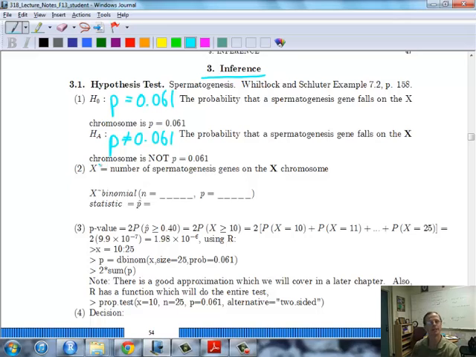Okay, now we need that test statistic. So in this case, we're looking at proportions, so my statistic is a p-hat. Okay, now underlying distributional theory is binomial. We have n equals 25 because we're looking at 25 genes, and the proportion then is 0.061. Where does that come from?